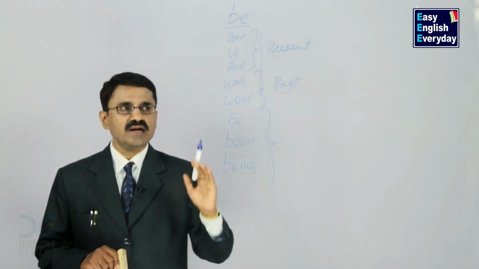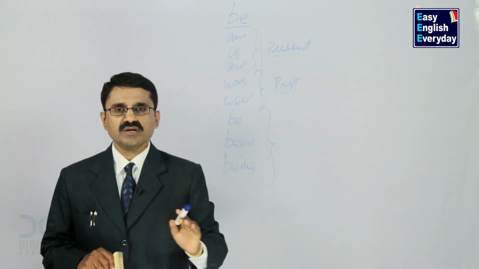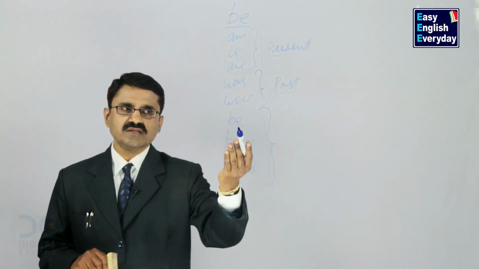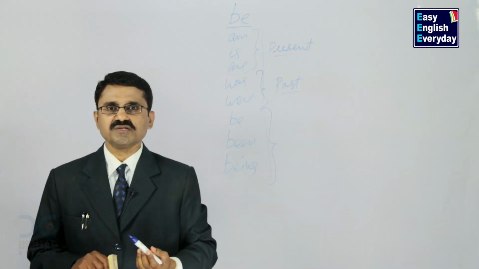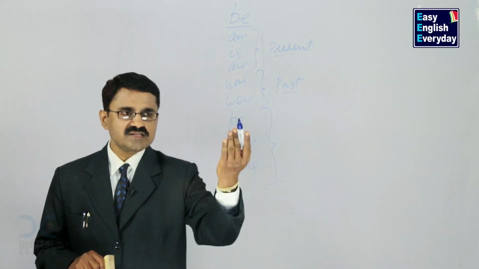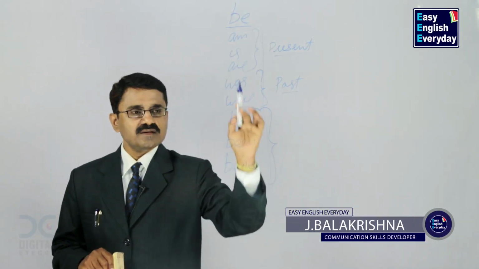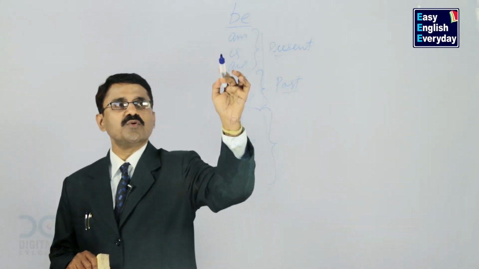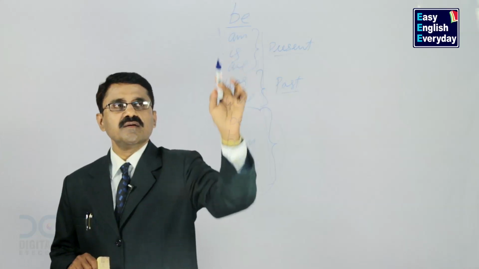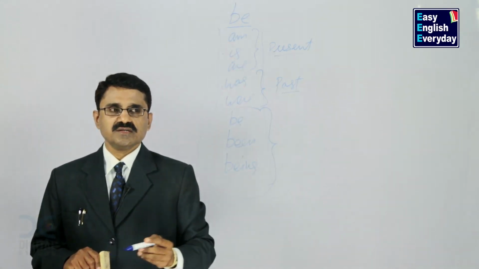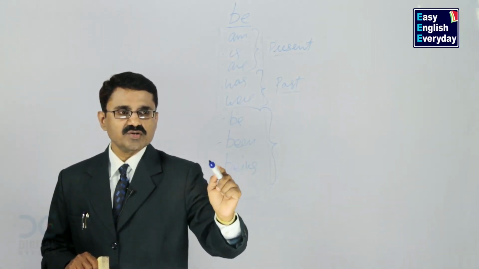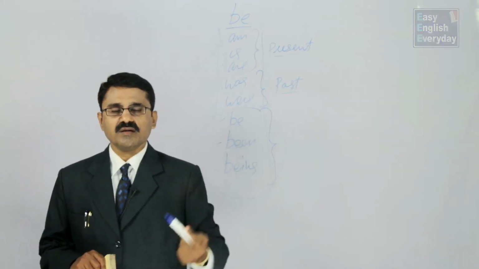They do not indicate any tense. They do not indicate any time. I cannot say that this is present or this is past or this is future. Then why do they exist? Their job is to give technical support to these 5 families wherever it is required. So you will come to know about the usage of these 3 in our coming videos.